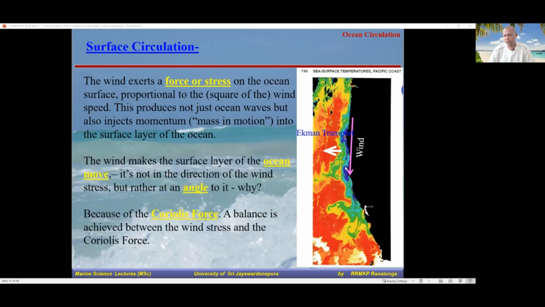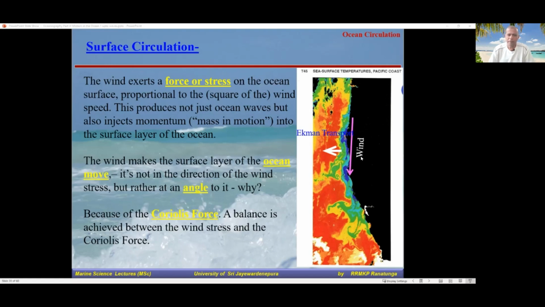You can see the purple arrow showing the direction of wind. We will say it is from the north to the south, more or less, but you can see the movement in the ocean is different, at an angle to the wind direction.